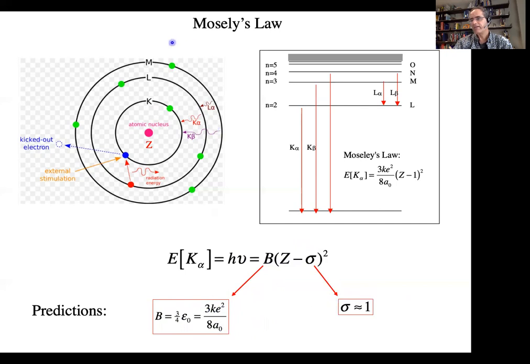But if Moseley's law is valid, at least we expect this form to describe our data, where B and sigma might be arbitrary constants that we use to fit our data. But once we do the fit, we do kind of expect that B will be equal to this, and that sigma will be a number on the order of 1.